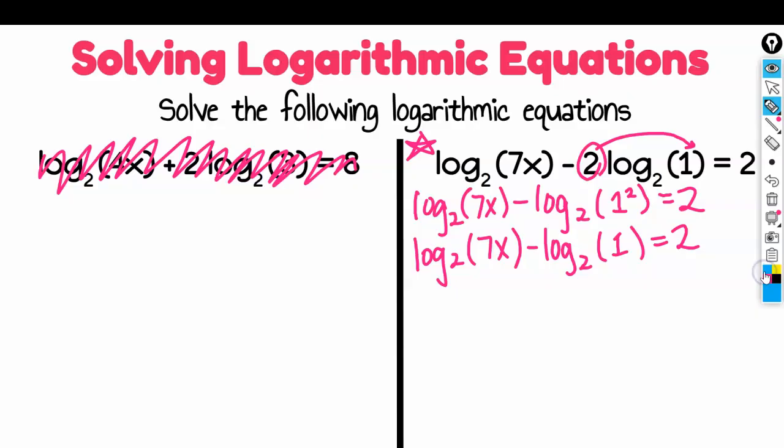Then we will apply our quotient property and divide 7x by 1. And hopefully we realize that 7x divided by 1 is just 7x.